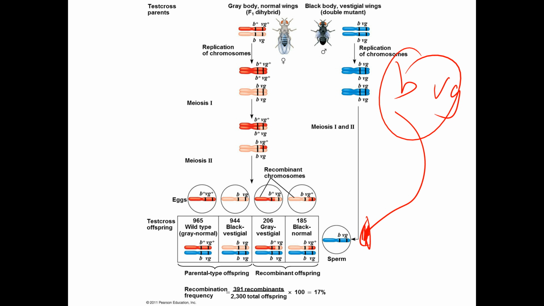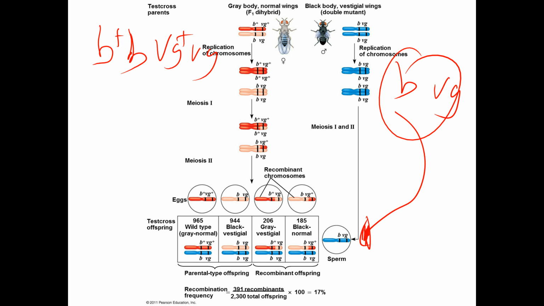Now looking at our F1 hybrid wild type fruit fly, it has a copy of the gray body allele, a copy of the black body allele, a copy of the normal wing allele, and a copy of the vestigial wing allele.